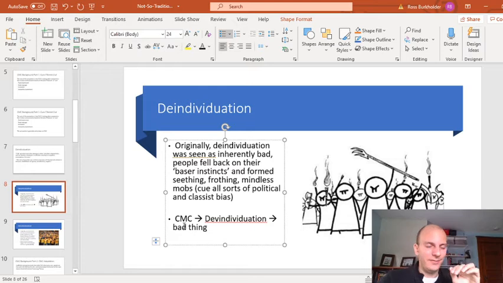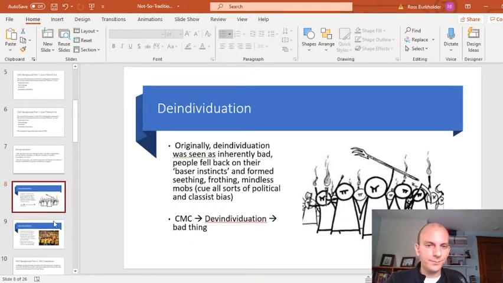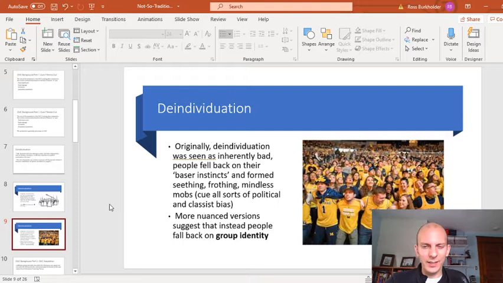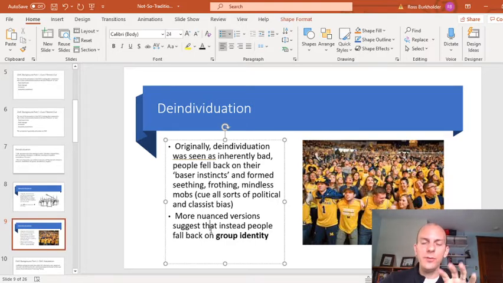A more subtle variant of this theory is called the SIDE theory. It stands for something, and I'm blanking on the spot. Probably something with social and de-individuation, and I'll get there eventually. Ask me later if you want to know what that stands for. What this more nuanced theory of de-individuation says is that instead of falling back on their baser instincts, what people do in a de-individuated state is they fall back on social identity.